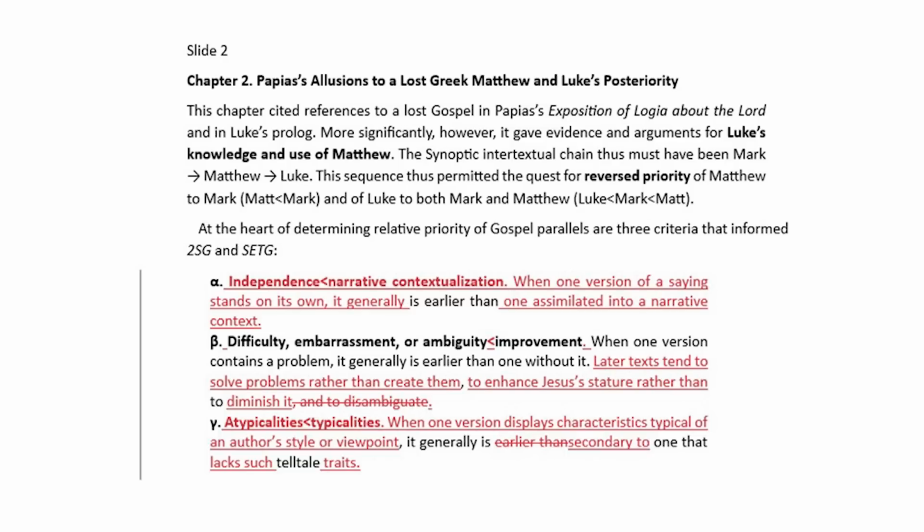Luke is written almost half a century after Mark, it would appear. But in many cases, he has content that's more primitive than Mark and more primitive than Matthew. So this criterion of reverse priority is possible because we now know what the sequence of the Gospels is.